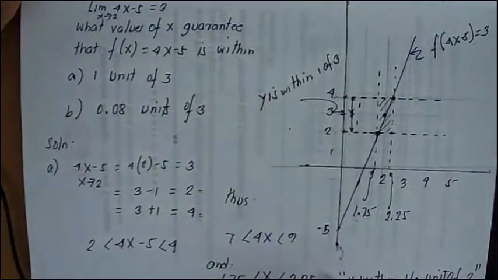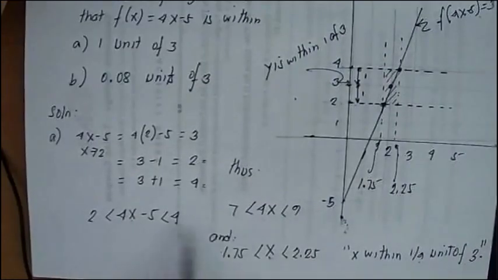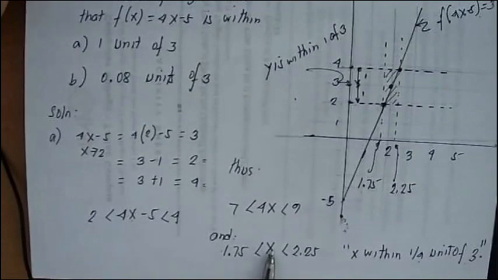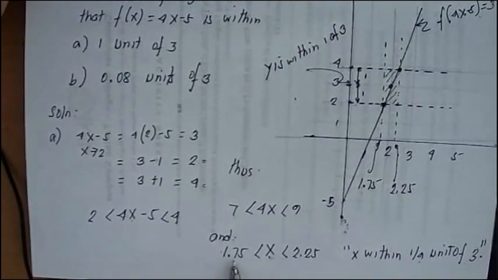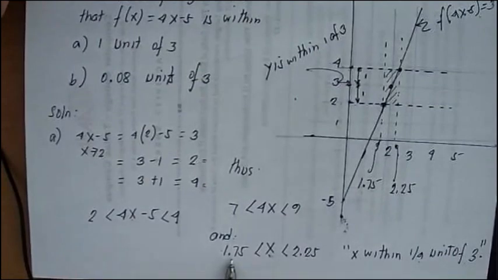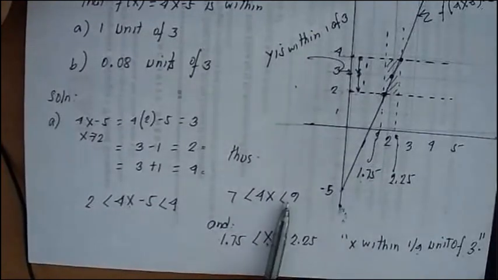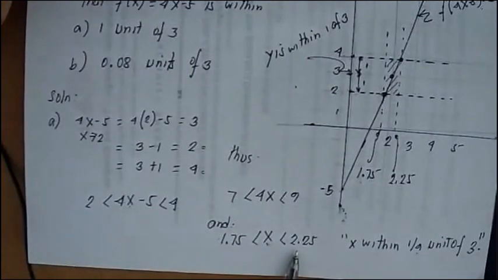Do you have any idea? 5 plus 2, we have 7. 5 plus 4 is equal to 9. And finally, the value of x should be greater than 1.75 but less than 2.25. Alam nyo kung paano nakuha yung 1.75 saka 2.25? Nakuha yung 7 divided by 4, we have 1.75. 9 divided by 4, we have 2.25.